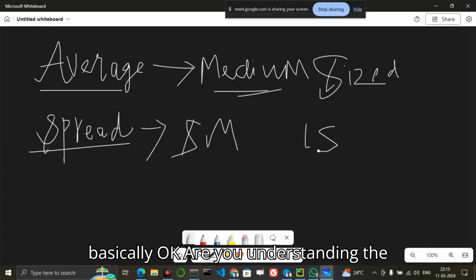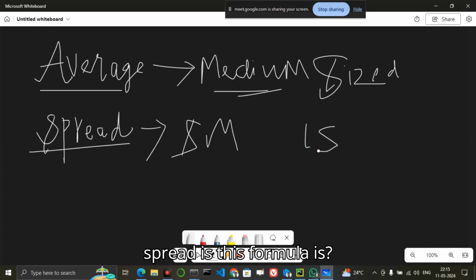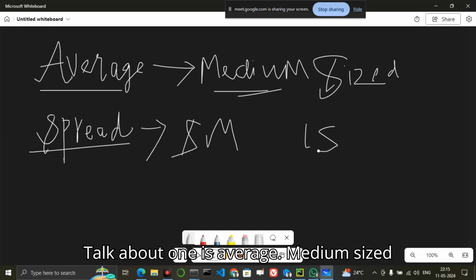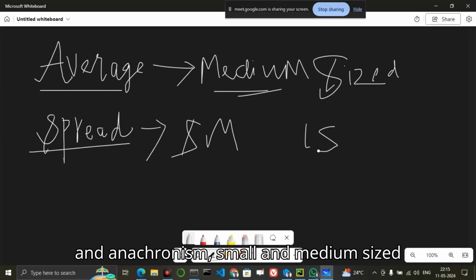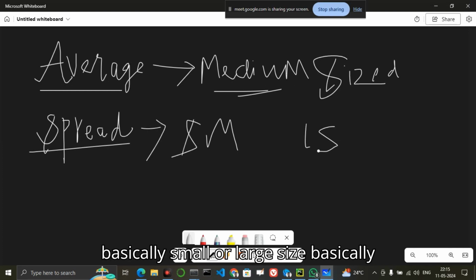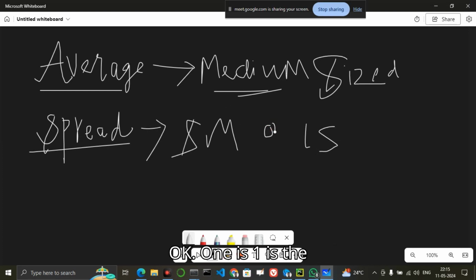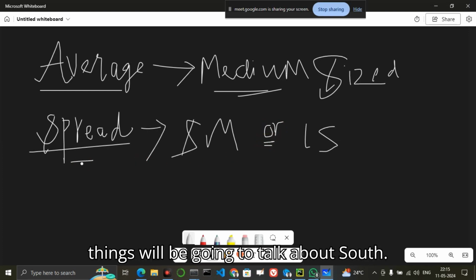Are you understanding? This formula talks about the average medium size and the small or large sizes. Those two things, average and spread, we will talk about.